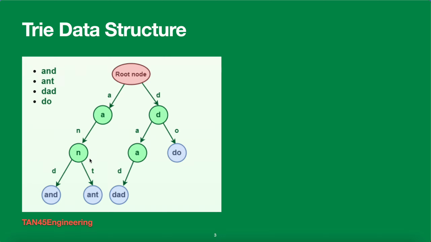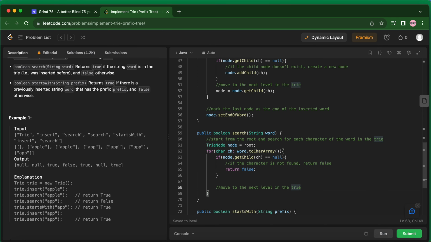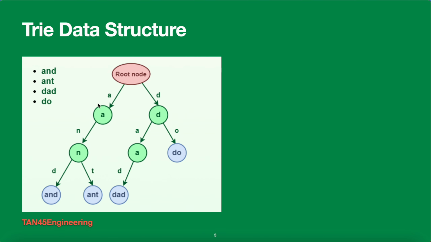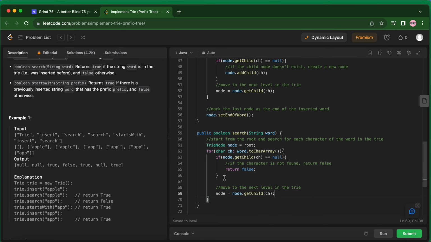We move to the next one, which is N. Okay, so we'll say node is equal to node dot getChild(ch). So first we'll reach A, then we'll start searching for N. Okay, now at the end, when this complete loop is done, if at any level we did not find, we did not enter this condition, that means the word exists.